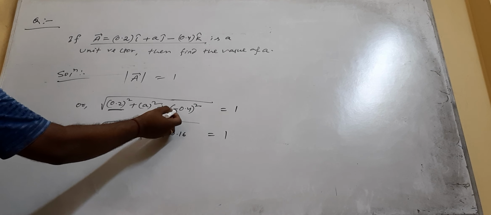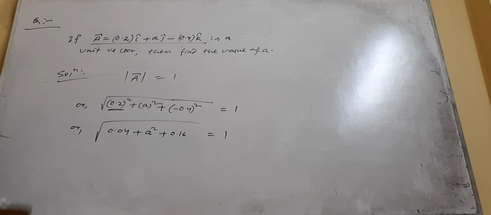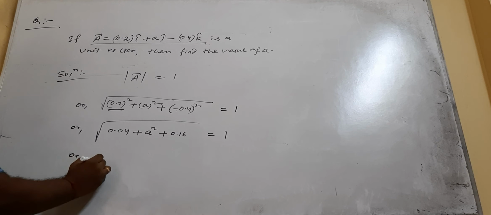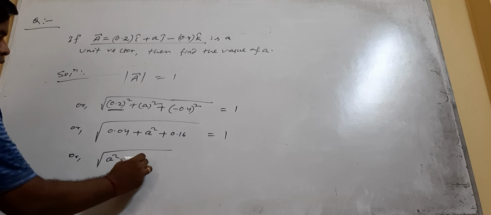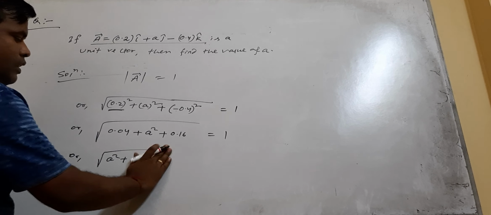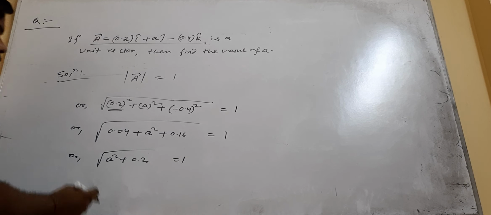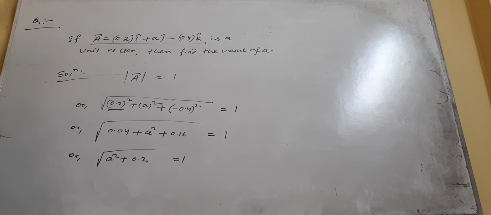As it is a negative sign, the square is positive. So a square plus 0.2 is equal to 1. Now you take the square of both sides.